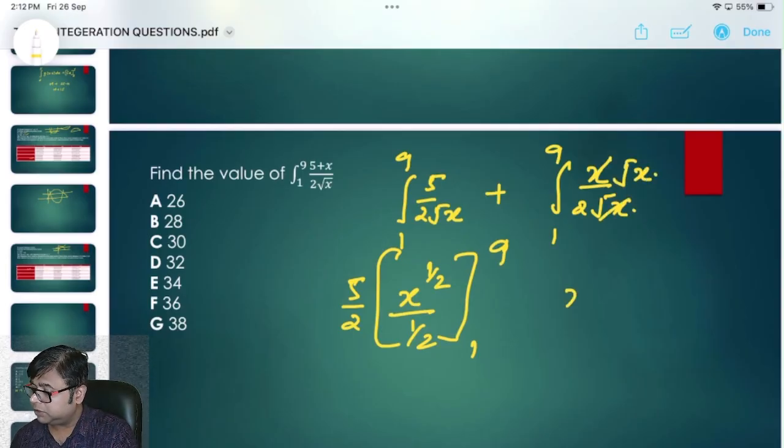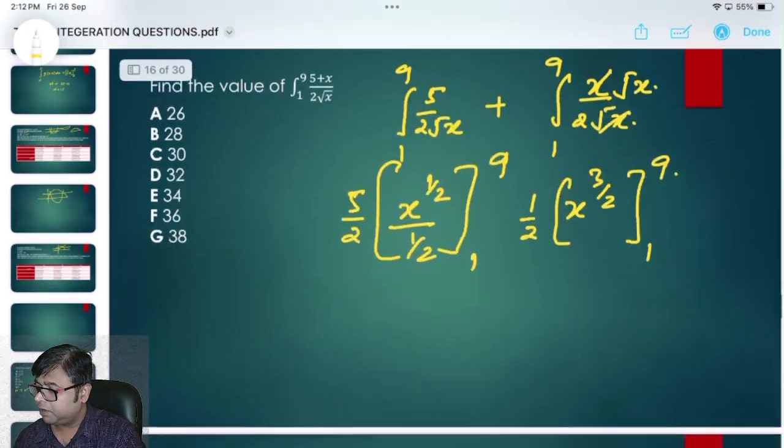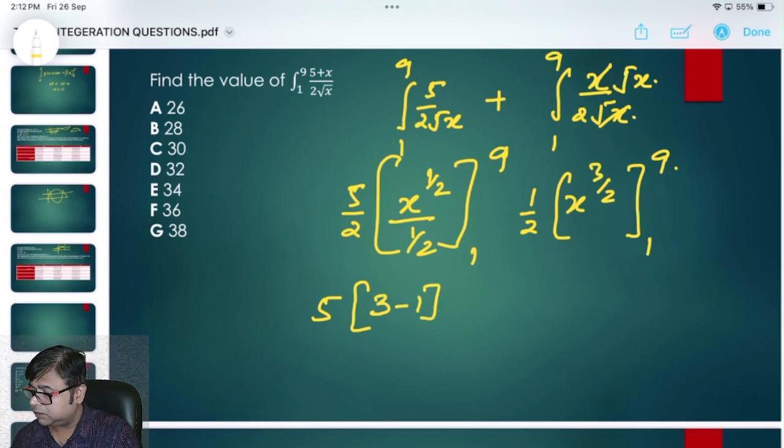So this becomes x to the power 3 by 2, half goes outside, limits from 1 to 9. So this is what I will get finally. I'll just put the limit. So 5 by 2 upon half will be 5 only, and root of 9 will be 3 minus 1, and this is plus half outside.